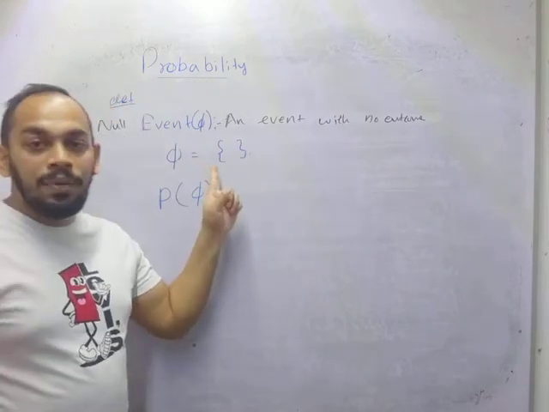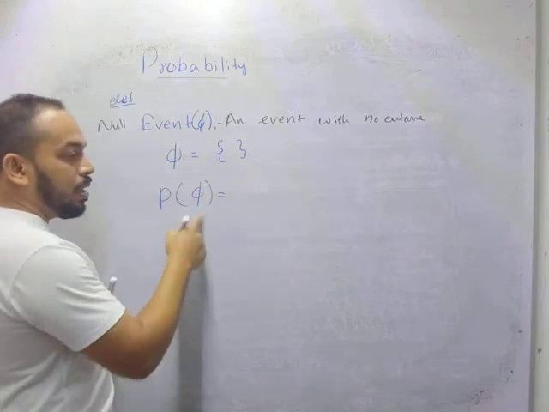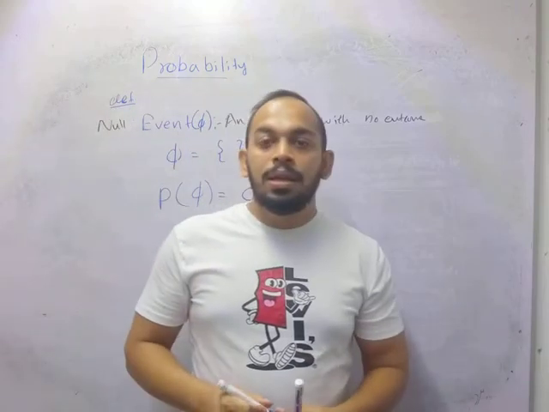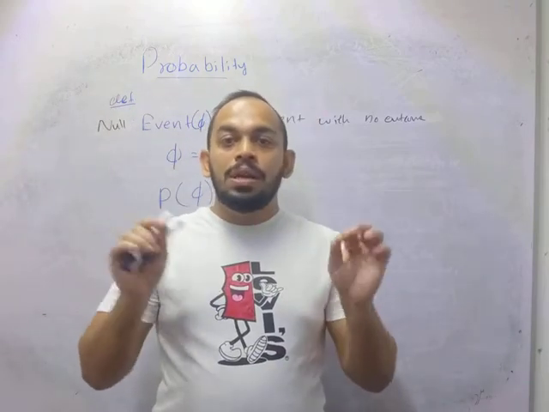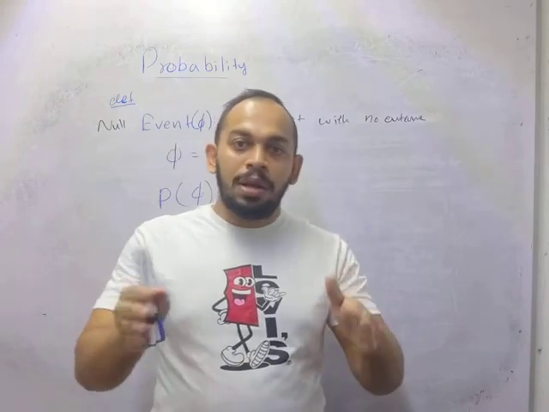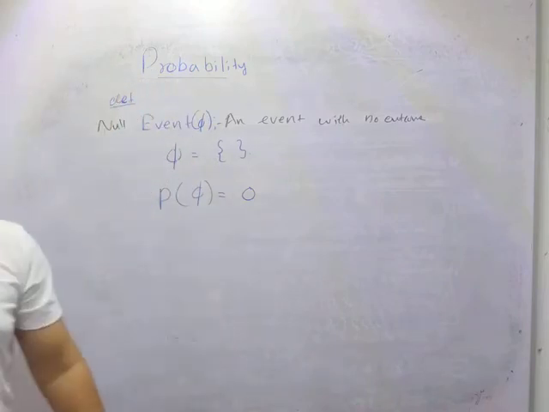That means a null event will not occur if you do an experiment. So the probability of getting a null event would always be 0. There's no chance of not getting at least one of these outcomes. So this is what a null event means.